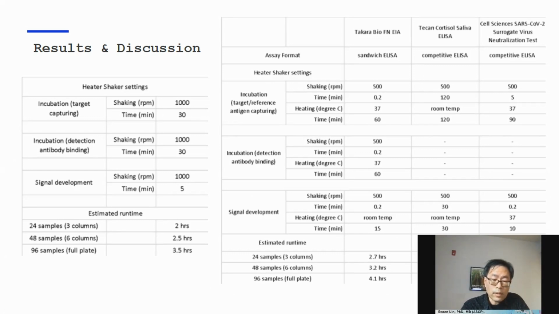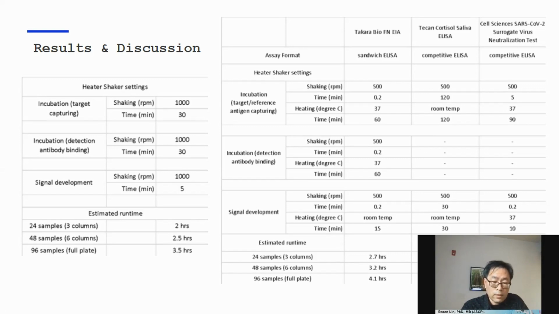So this slide summarizes the settings and the runtimes of the assays we presented today. All the protocols for automation were developed by converting the assay instructions included in the ELISA kit, which are usually performed by hand.